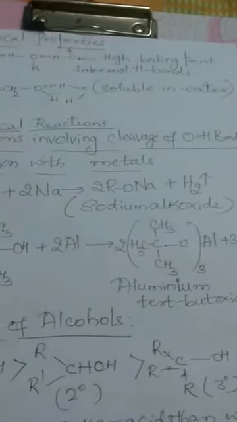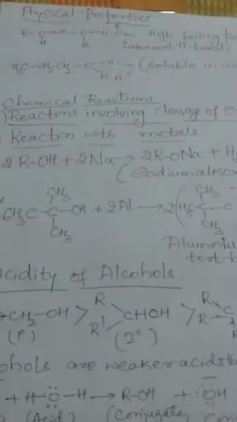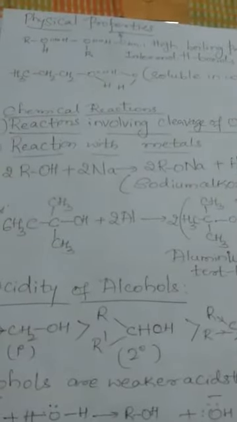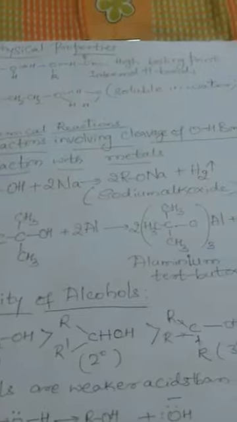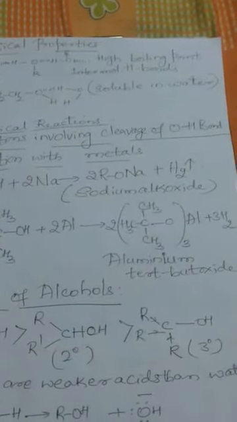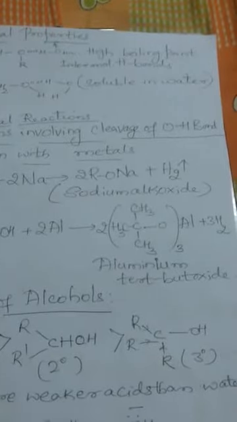To balance it, it is 6 molecules of tertiary butyl alcohol and 2 aluminium, so that you get aluminium tertiary butoxide with the liberation of 3H2 as a gas.